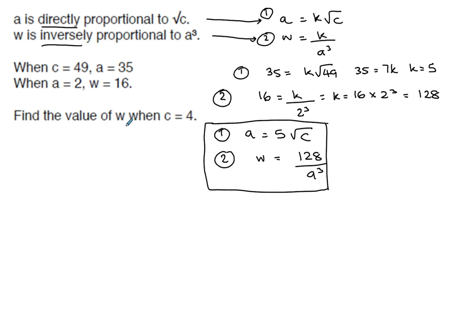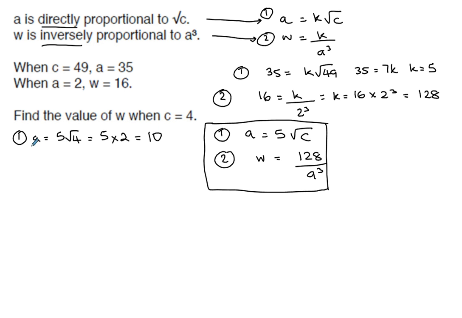Right, find the value of W when C is 4. Okay, so we go stick that in there. So in 1, we go A equals 5 square root of 4, which is 5 times 2, which is 10.